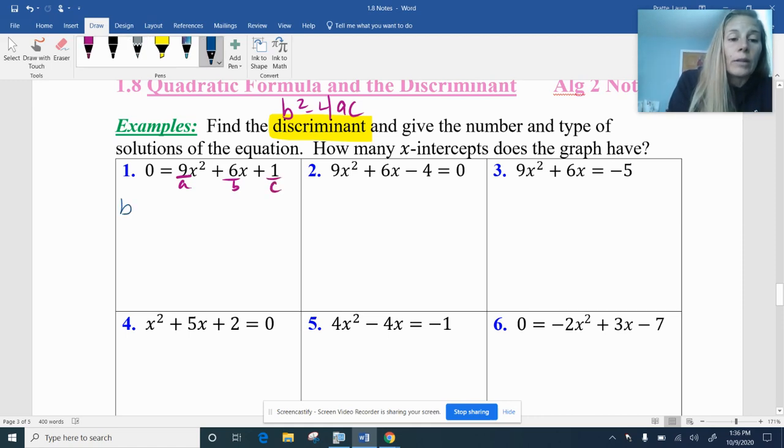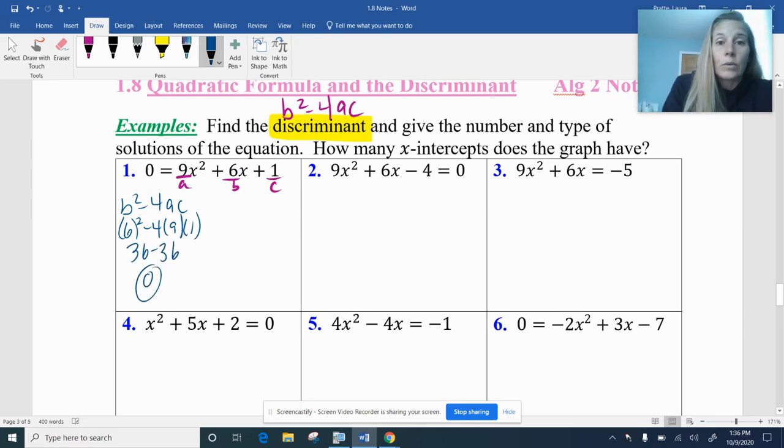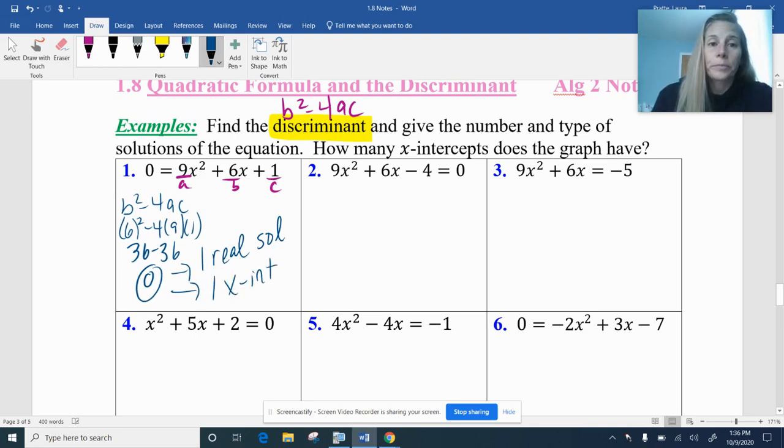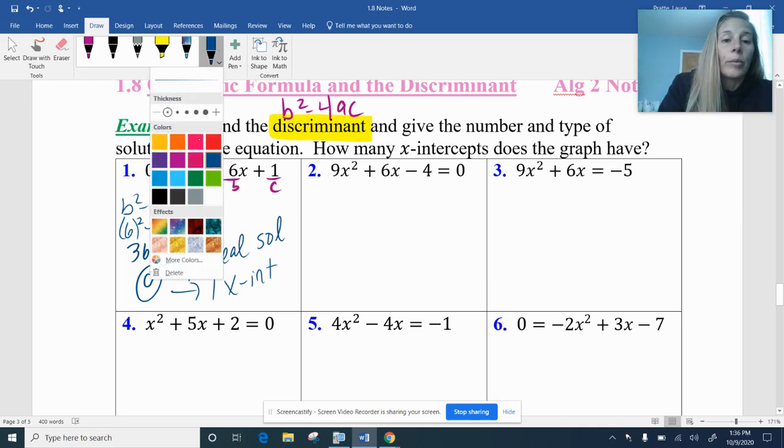So when I go to do my little discriminant here, I'm doing 6 squared minus 4 times 9 times 1. This ends up being 36 minus 36, which of course equals 0. This means I have one real solution, and I would have one x-intercept.